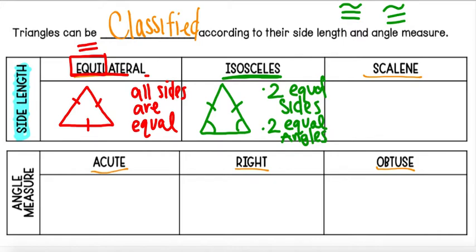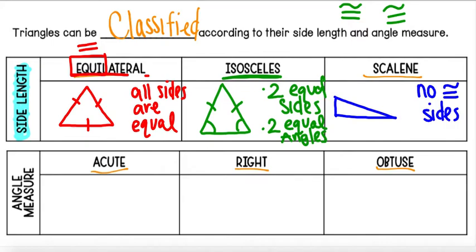Okay? Finally, we have a scalene triangle. So if we have all sides are equal, 2 sides are equal, we also could have a triangle where there are no congruent sides. Right? And that could look something like this, where all the sides have a different length.